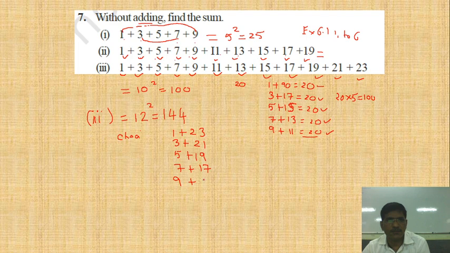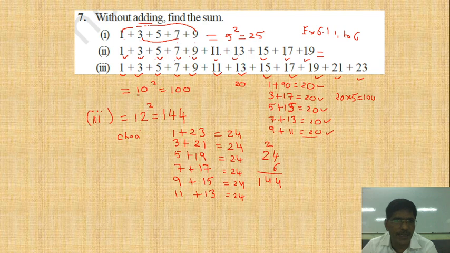All are 24. How many 24s are there? 1, 2, 3, 4, 5 and 6. But directly we can write 12 squared is 144. So without adding, we can directly count the terms and square it.